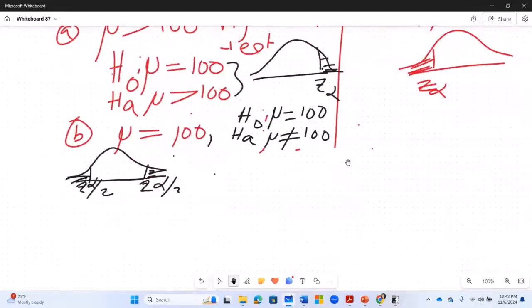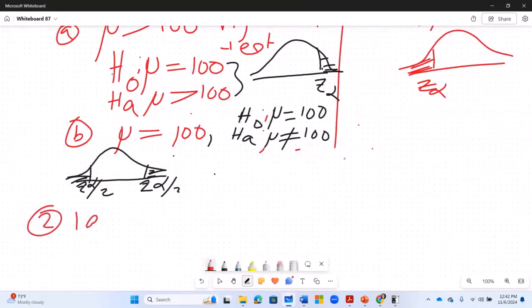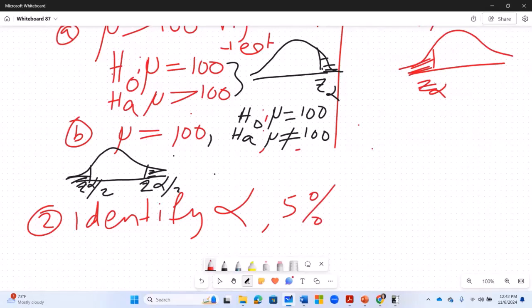So number 2, identify alpha. When I identify alpha, I already know that alpha is 5%. And you always have to write alpha as 0.05, changed to decimal.